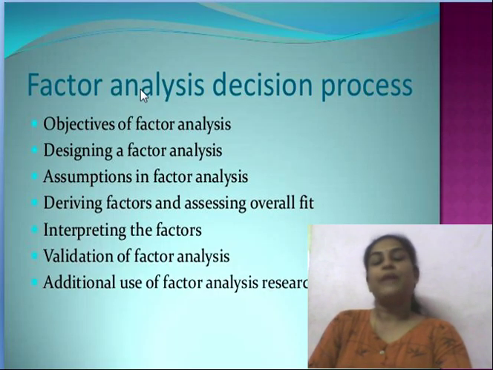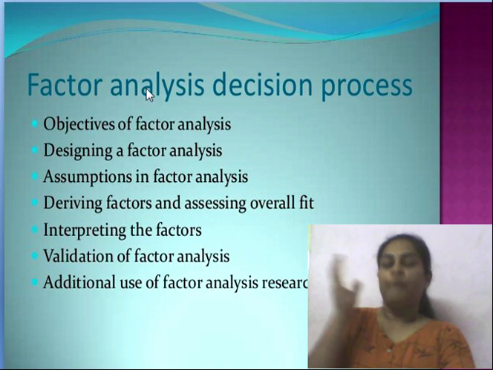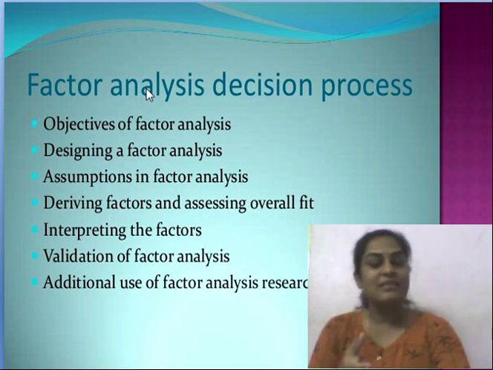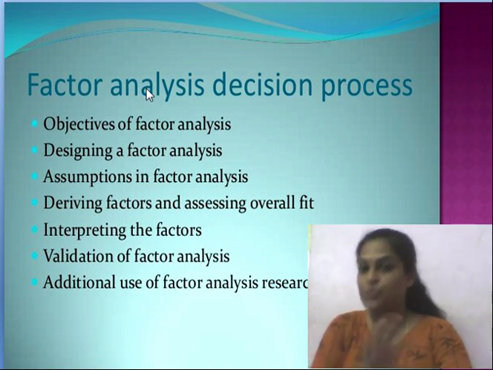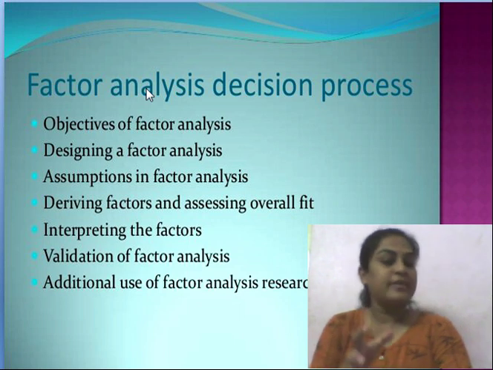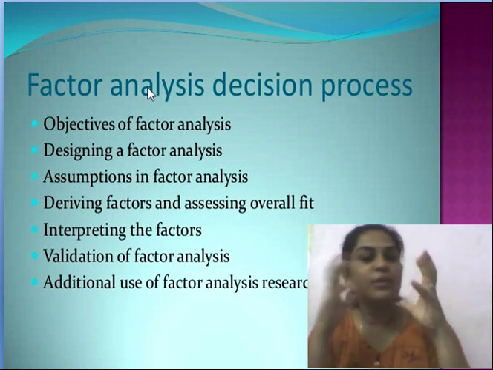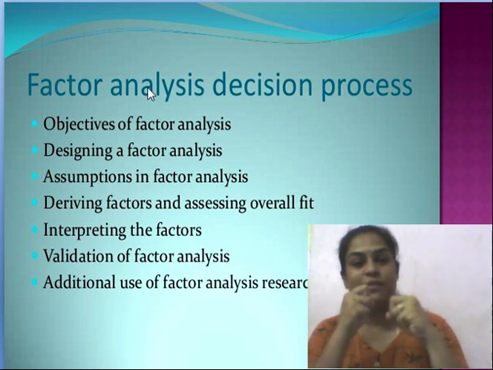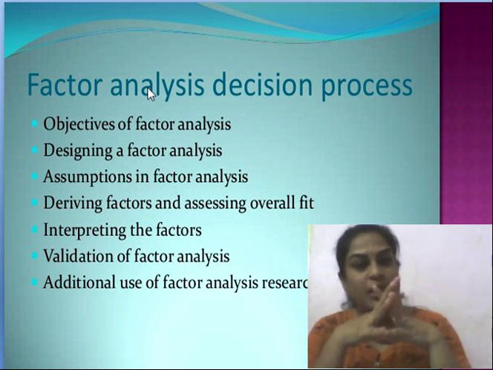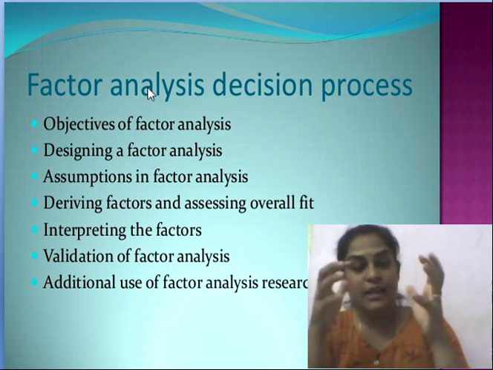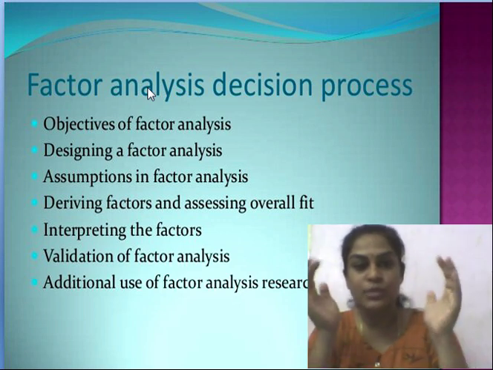So finally, after knowing what factor analysis is, what cluster analysis is, and the differences between these 2 multivariate techniques, I would like to tell you the factor analysis decision process. How should we take decisions in this method? As we all know, we are trying to reduce the total data.